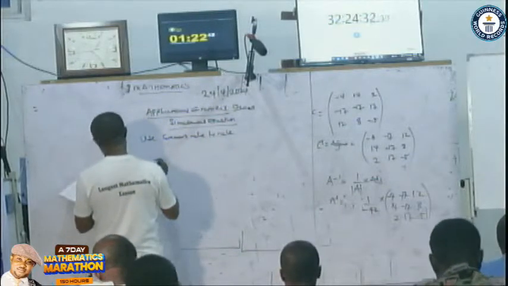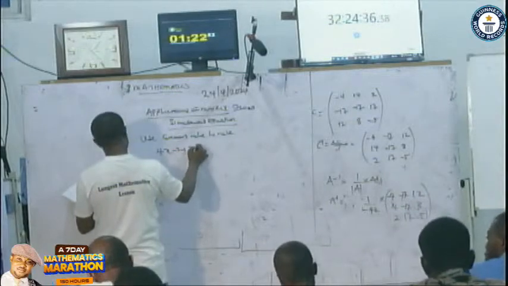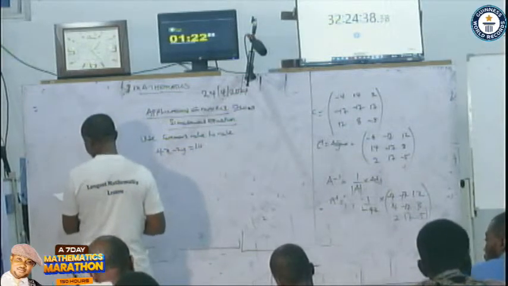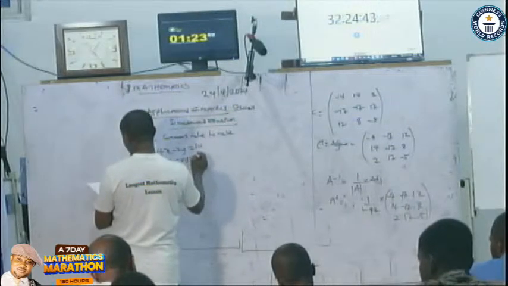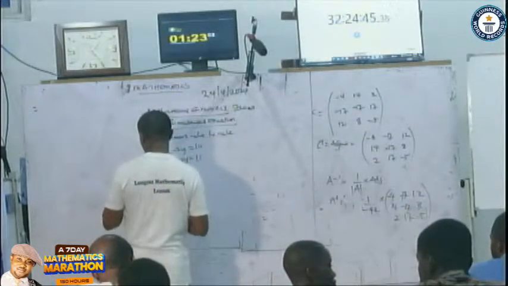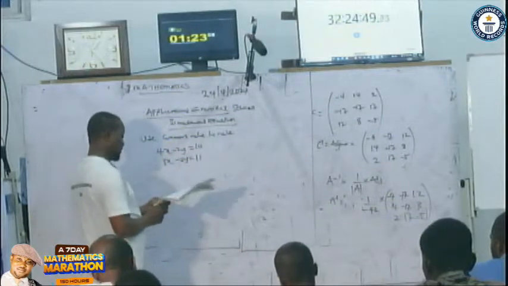You have 4x minus 2y equals to 10, 3x minus 5y equals to 11. For determinants of the coefficient matrix, we have D.